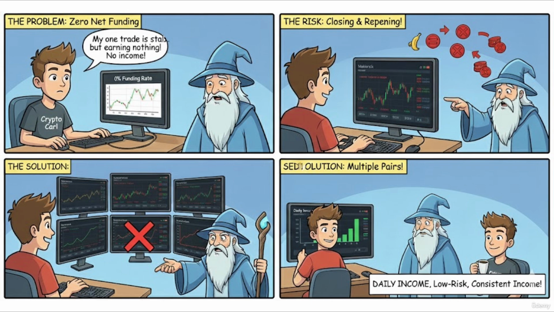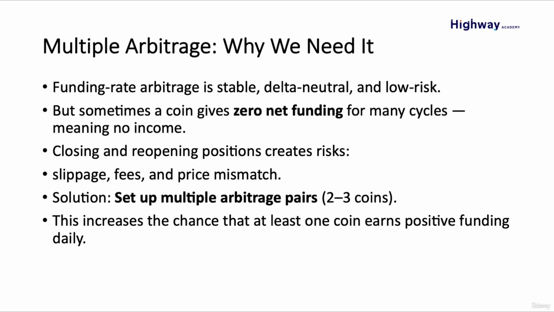However, sometimes you will experience a series of funding cycles where the net funding rate becomes zero. That means you earn nothing for that period. In that situation, you could close the position and open a more profitable one, but closing and reopening always comes with risks. You may experience slippage, pay extra trading fees, or fail to match the entry prices within a short range, which can break the delta neutral structure.